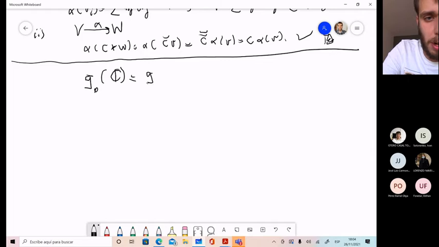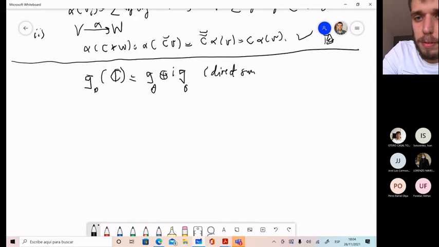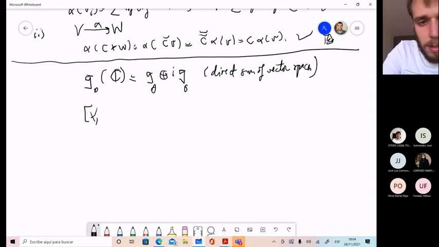So the complexification of a real Lie algebra is defined as follows. This is the underlying vector space, a direct sum of vector spaces. And now you define a bracket here in this way.